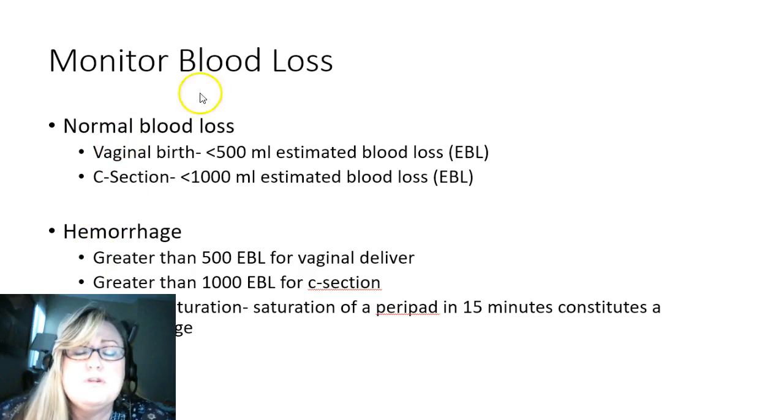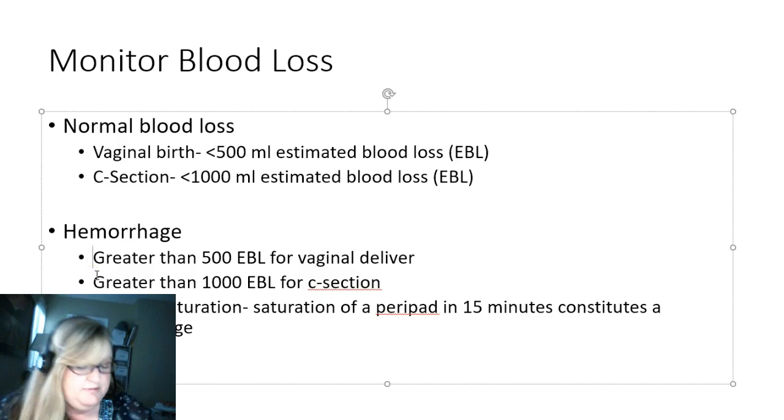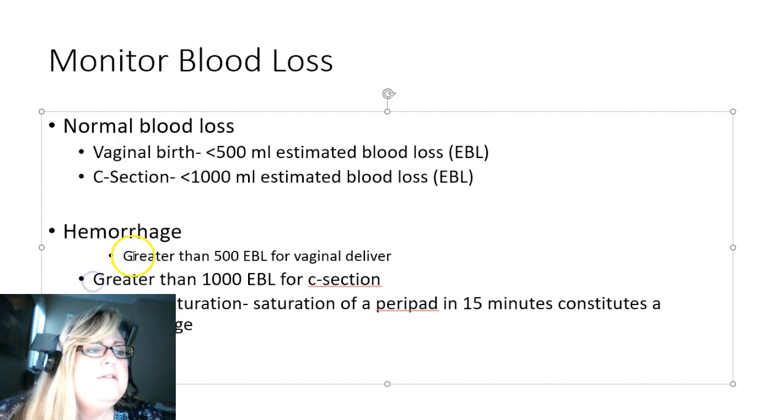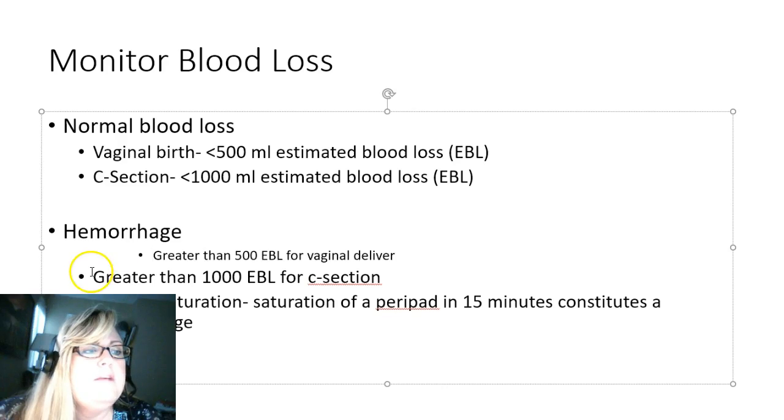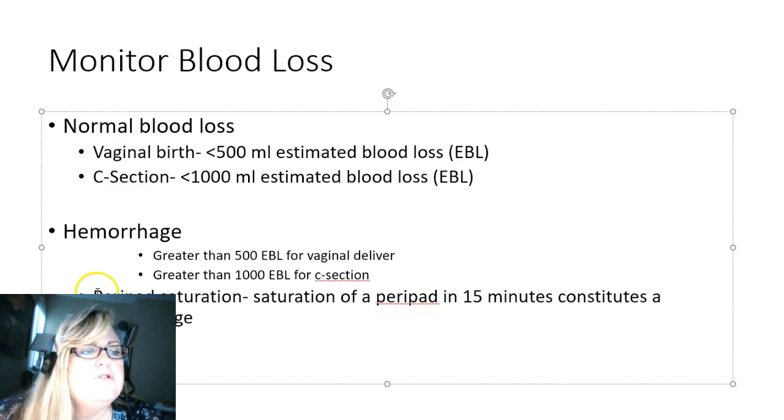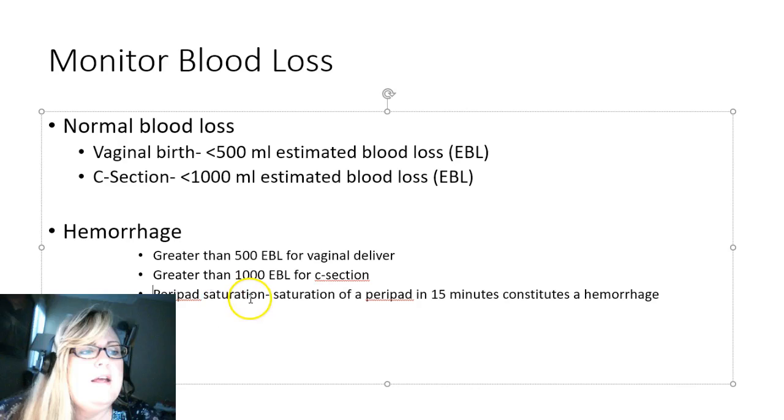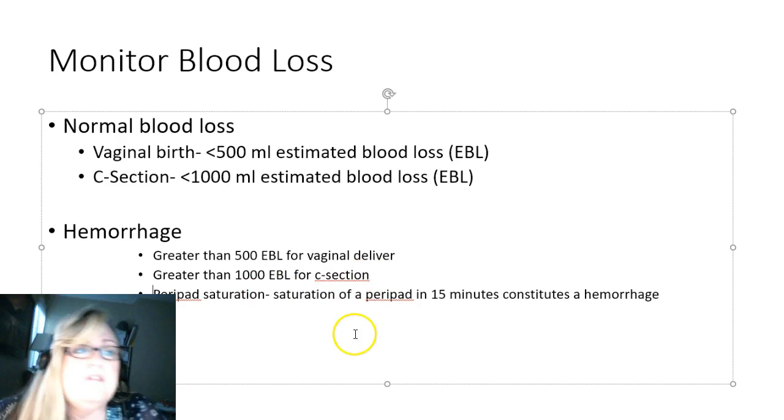Normal vaginal birth is less than 500 milliliters estimated blood loss, and a C-section is less than 1,000. A hemorrhage, I'm going to scoot this over for you, is greater than 500 EBL for a vaginal delivery and greater than 1,000 for a C-section.